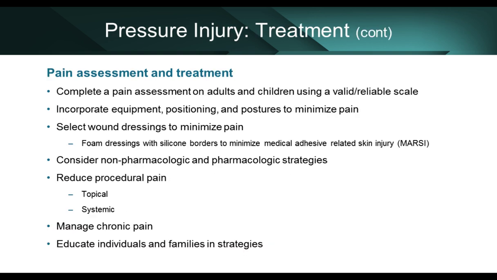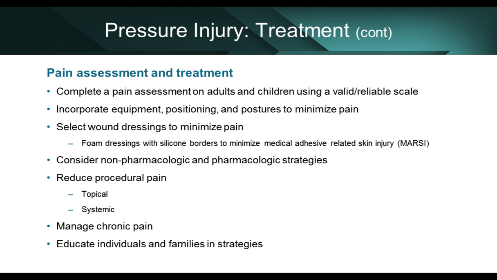You need to also consider pain assessment and treatment. You need to complete a pain assessment on adults and children using a valid and reliable tool. You need to incorporate equipment, positioning, and postures to minimize that pain. You need to select wound dressings to minimize pain. Again, here's another example where you might consider the use of foam dressings that have a silicone border that would minimize medical adhesive skin damage.